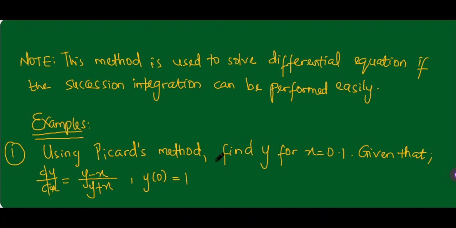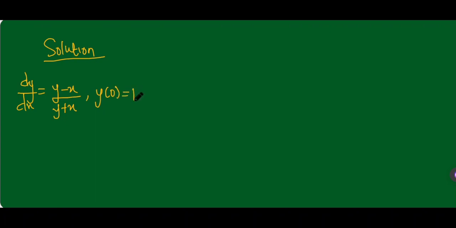So this looks like what we've talked about already. We have been given the differential equation of the form dy/dx is equal to f(x, y). So in this situation, let's take a look at the solution. Our dy/dx is equal to (y minus x) divided by (y plus x), and y at x is equal to 0 is equal to 1.